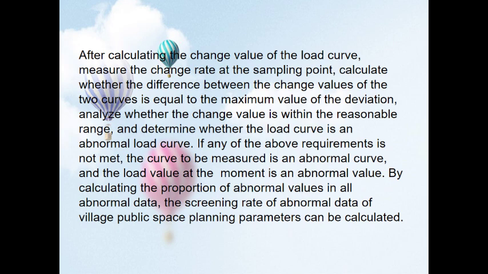By calculating the proportion of abnormal values in all abnormal data, the screen rate of abnormal data of village public space planning parameters can be calculated.